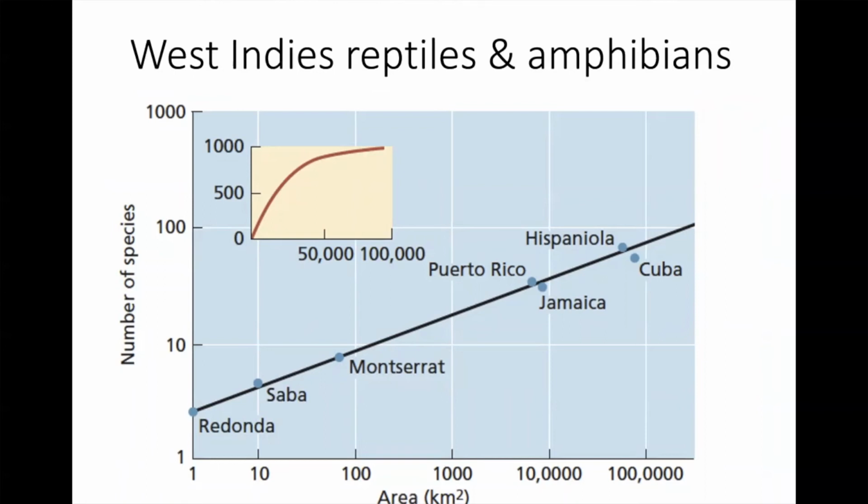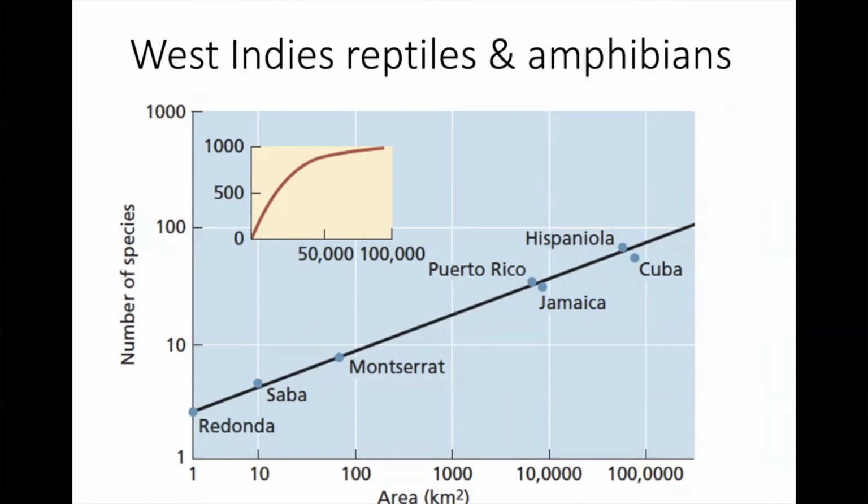And we can see the relationship between the number of species on an island and the area of that island. And the nature of this relationship is basically the larger the area, the more species. But eventually it asymptotes because there's only so many species you can have on a given island.